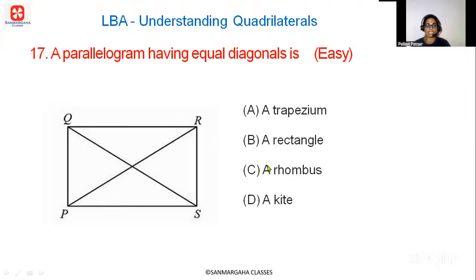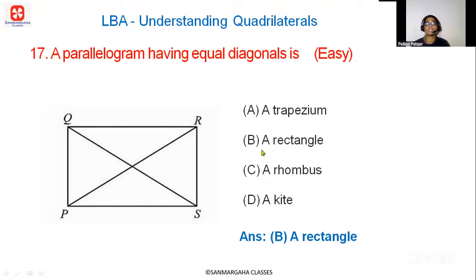Okay, so here rhombus. It is a parallelogram with all four sides equal while its diagonals bisect each other at right angle, that means they form 90 degree. So they are usually not equal unless the rhombus is also a square. So then which is the correct option here? Rectangle. So here a rectangle is a special type of a parallelogram where all four interior angles are right angle, means 90 degree.